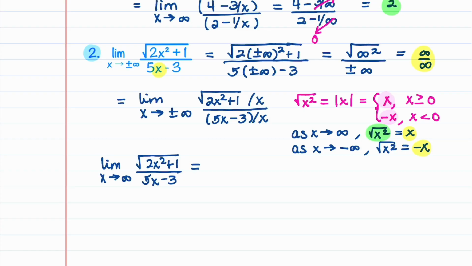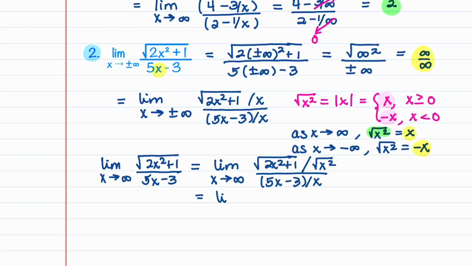Now we're going to divide the top and bottom by x. So this is the limit as x goes to infinity, square root of 2x squared plus 1. Here, we're going to divide by the square root of x squared because x is going to infinity. And then on the bottom, we're just going to divide by x.